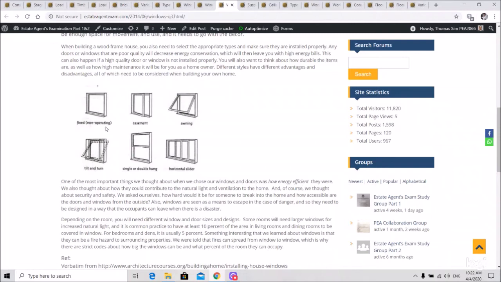This type of window is just for light to go in, but it is not for opening. Otherwise, street dirt and street water, and the rain water, would flow into the house. Of course, you cannot completely seal up the whole place and avoid water from running in, but that is not the main purpose of this type of window. So this type of fixed, non-operating window is usually not in Malaysia, because we don't stay in basements very much.